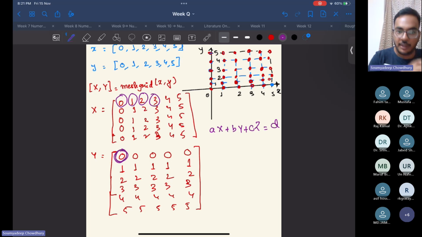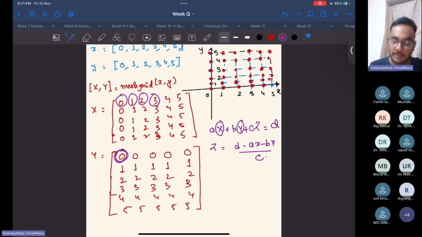From this I have created a mesh. I have the x data in my x matrix, y data in my y matrix. Then using this equation, I will find c, that is, d minus ax minus by, divided by c. That's exactly what I have done in the previous code. I have created a mesh of x and y, and then we are finding z in terms of x and y. For each point, it will evaluate the value of z, and then using the surf command, it will plot x, y, and z.